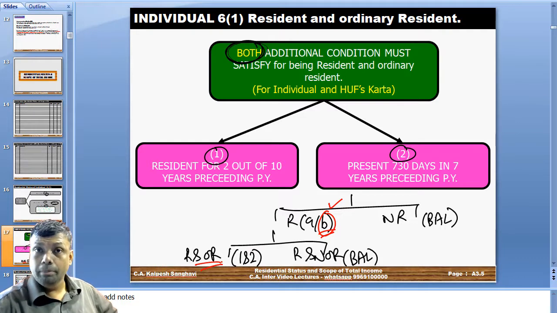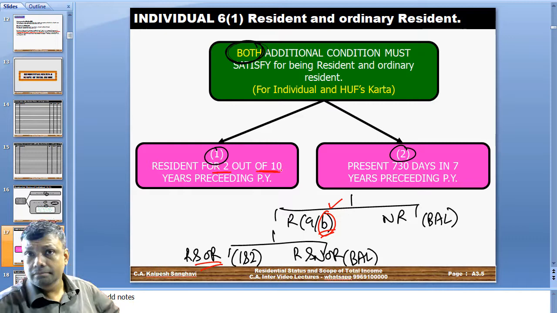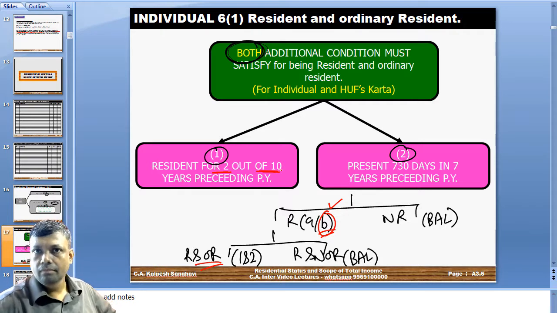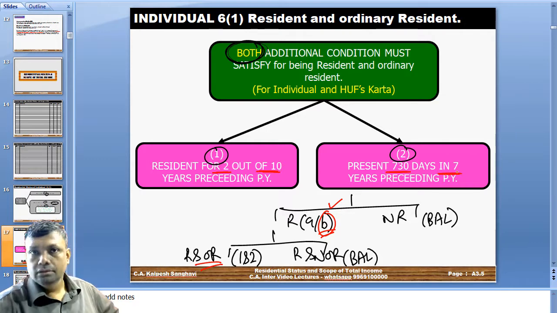Now for this purpose, you will require analysis of total 10 years data. You should be resident for 2 out of 10 years at least. So now you have to go back to the extent of 10 years before the previous year. And your second test is 730 days stay. So you will require 7 years data for one purpose and you will require 10 years data for another purpose. And both the conditions must be satisfied.